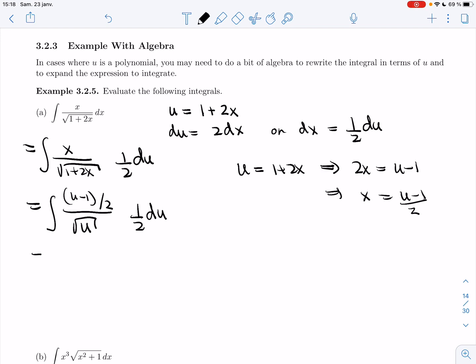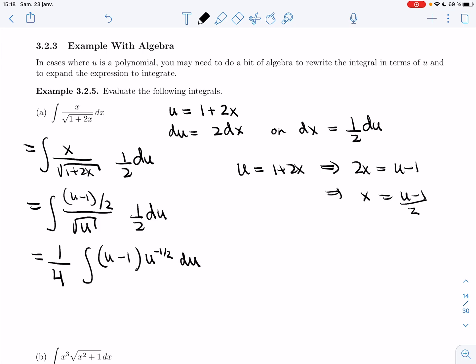All right, so the integral I have now, let me take all of the 2's outside. They're all in the denominator, so I get 1 over 4 integral of u minus 1. And let me bring the root to the top. It's going to be u to the minus 1/2: 1/2 because of the root, and the minus because it was in the denominator, and I brought it up to the numerator.